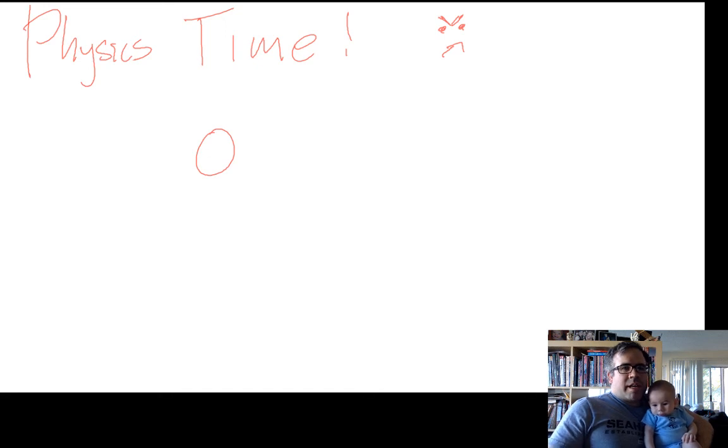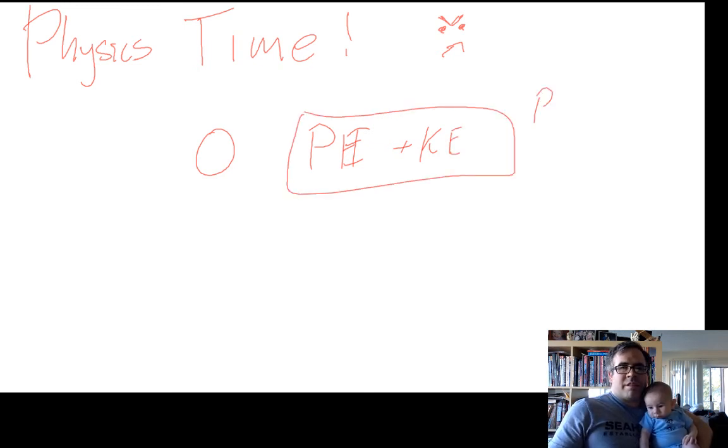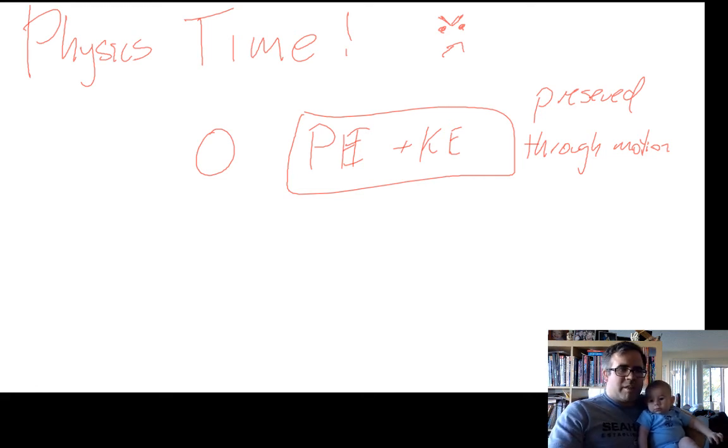We speak of it having a total energy, which is potential energy plus kinetic energy, and this is preserved through motion. So basically, it's got a total amount, and whatever that is, it's always preserved.